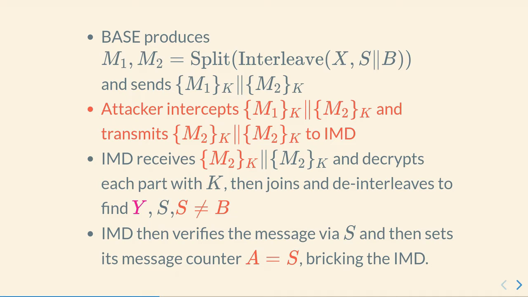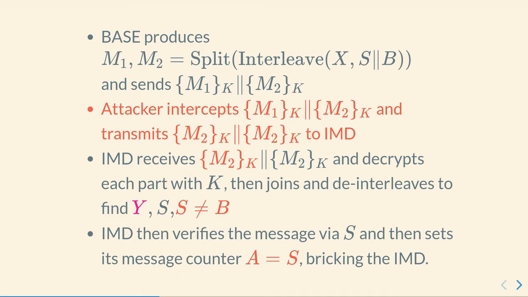Instead of X, which was the original sent message, it receives a garbling of that, some completely errant message, Y. It receives a correct serial number, S. But then it receives a message counter that is not B, but is equal to S. So it decrypts, joins, deinterleaves, and then interprets the message counter being sent as being equal to the serial number.